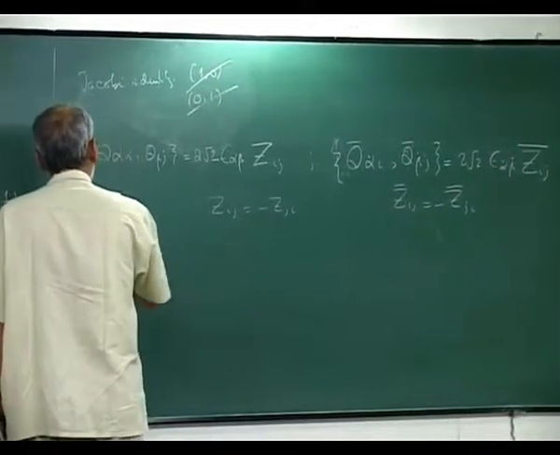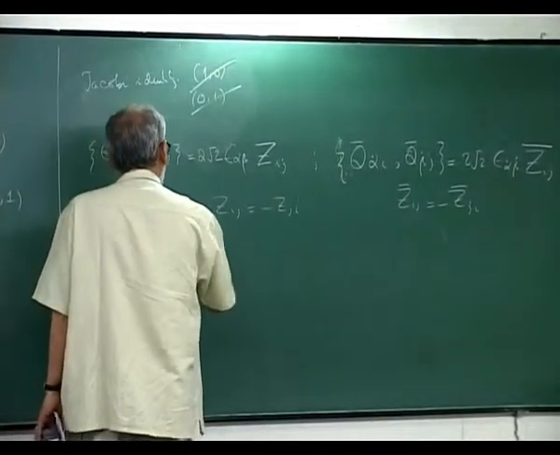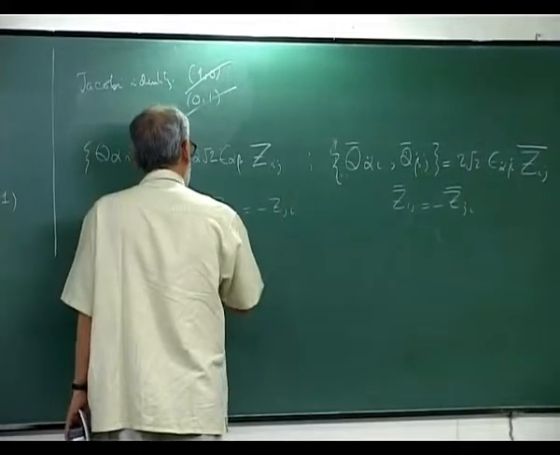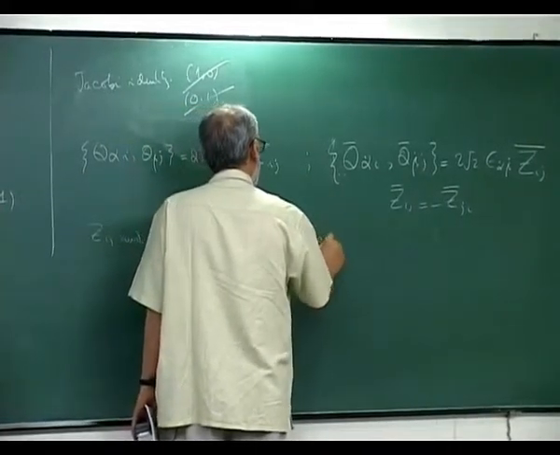So Z_ij and Z bar_ij are spin 0 conserved charges.